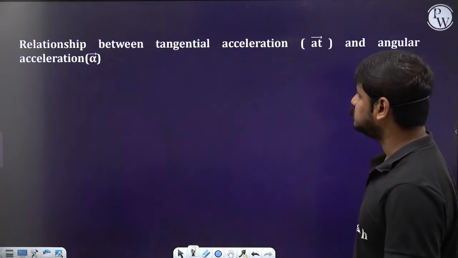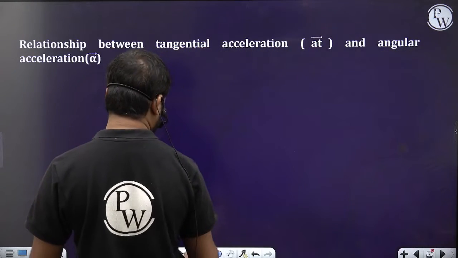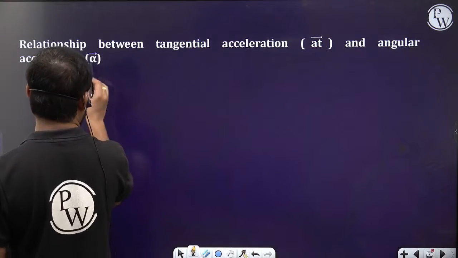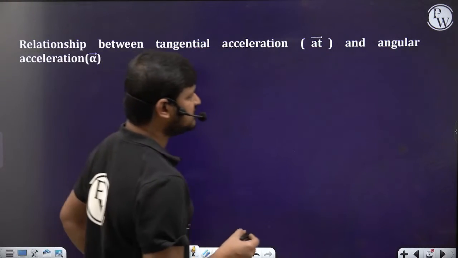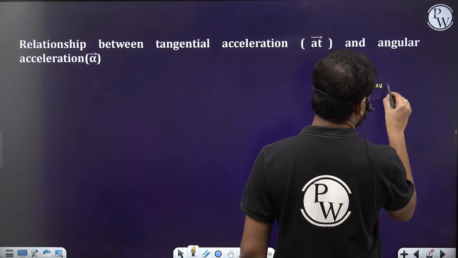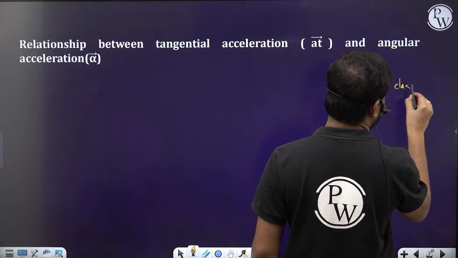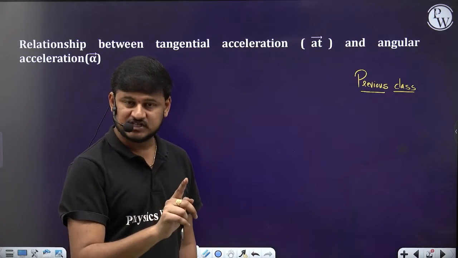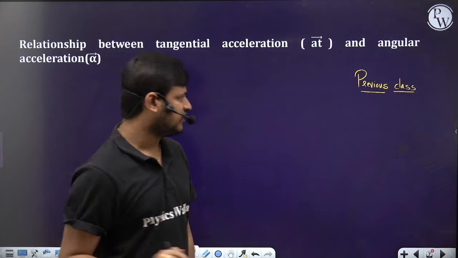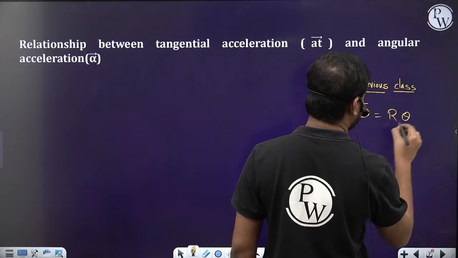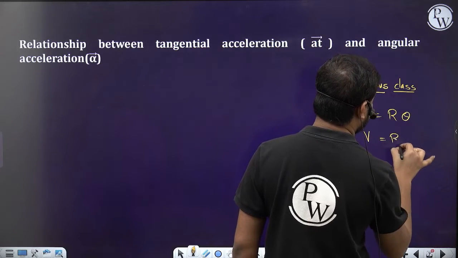Sure. So let's move further. What is the relation between the tangential acceleration AT and the angular acceleration alpha? See, in the previous class, we have studied the relation between linear displacement, angular displacement, linear velocity, angular velocity. So what is that? S is equal to r theta, V is equal to r omega.